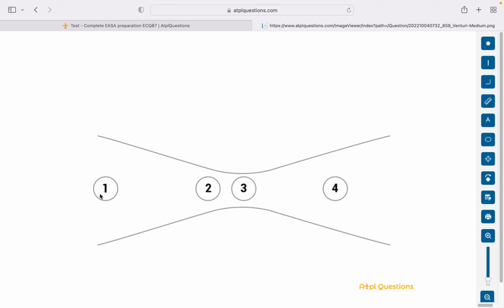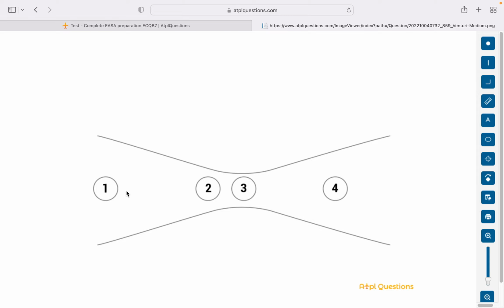Number 1 represents the undisturbed airflow. As we go closer to the throat, we have number 2, which has a slight increase in speed, and number 3, we are in the throat, where the speed is greater. As we go out of the throat, the streamlines start to diverge, so the speed goes down.